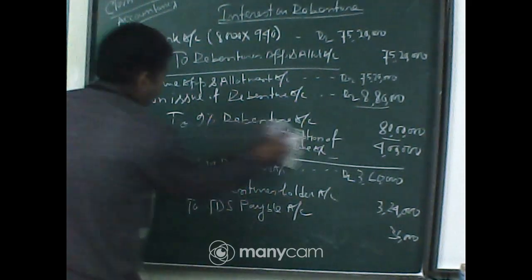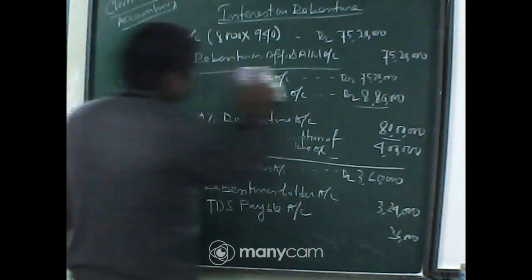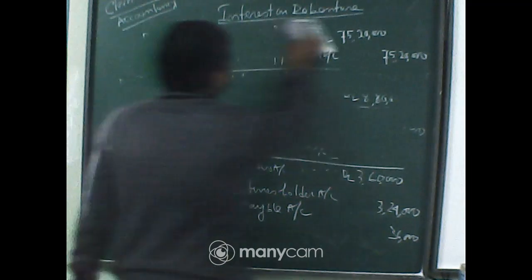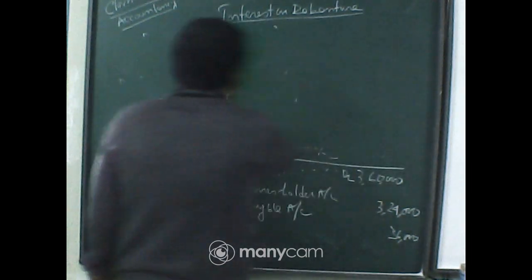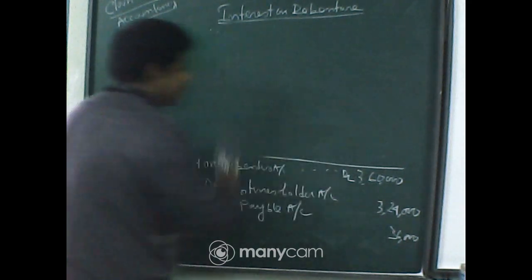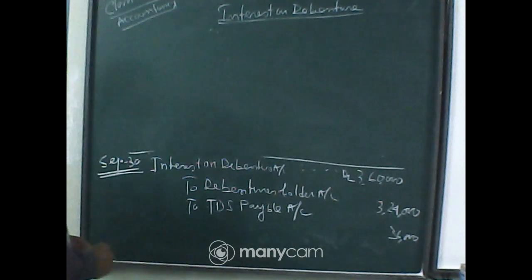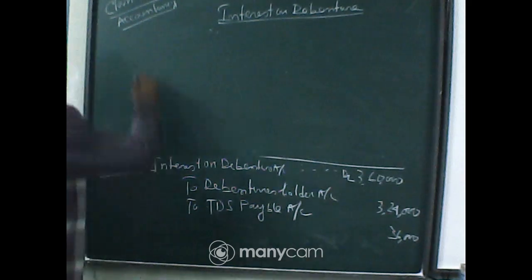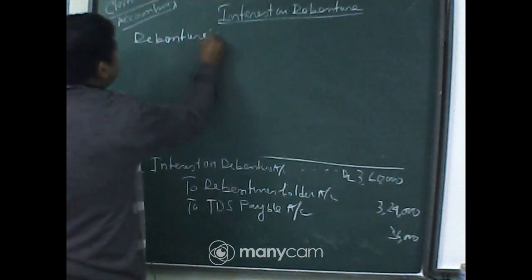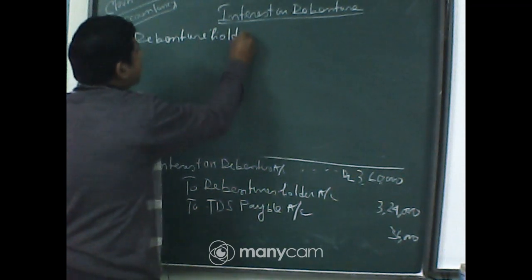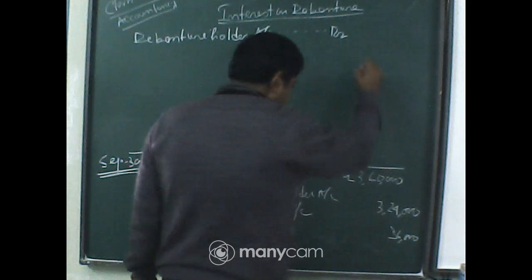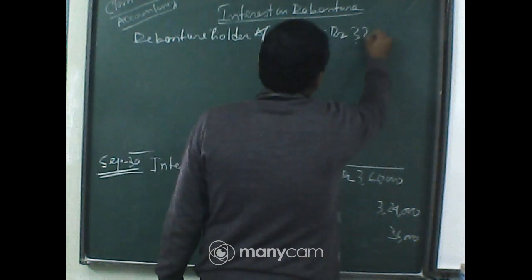Now, what is the payment entry? Now, look. In the payment entry, first the debenture holder account will be debited, that is 3,24,000.